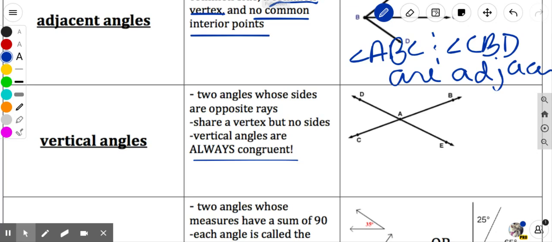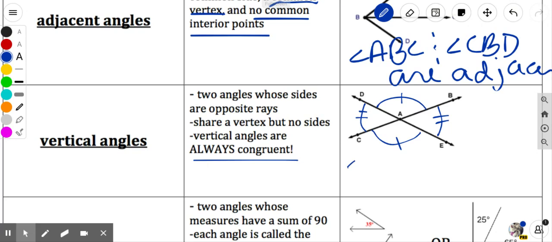So if you take a look, this angle here, angle DAB, would be vertical to angle CAE, and those would be congruent. And then this one, DAC and BAE would be congruent. So see how they're opposite each other and their sides are opposite rays. They only touch at the vertex. And so I marked them like this because that shows that they're congruent.